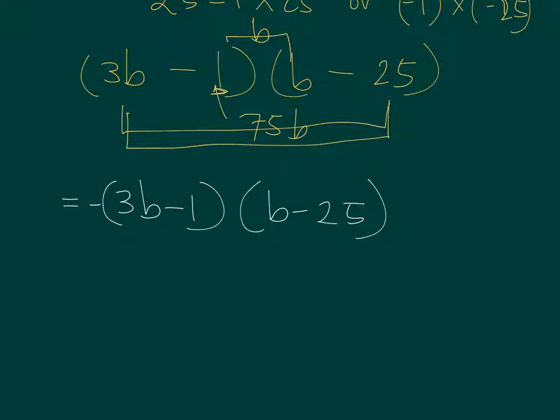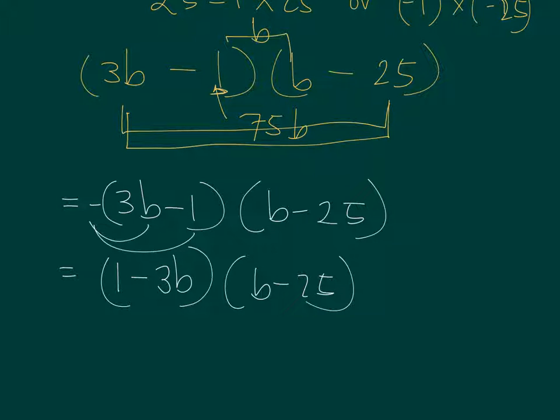Now just in case your answer doesn't have any minus sign, maybe it is in the form 1 minus 3b times b minus 25. That is if you distribute the negative sign to 3b and minus 1. Both of these are correct.